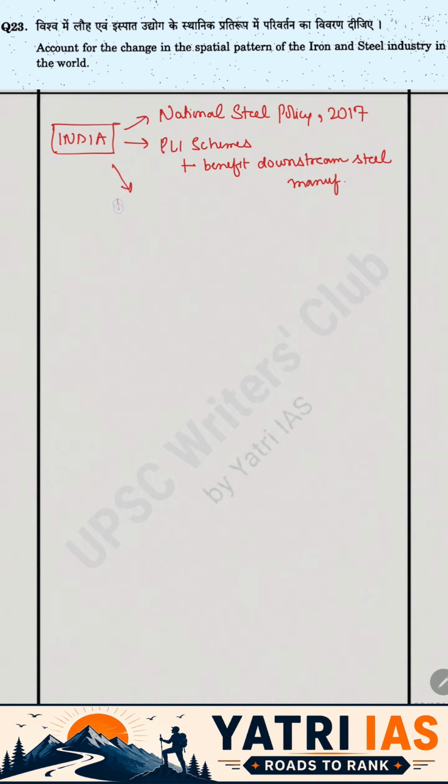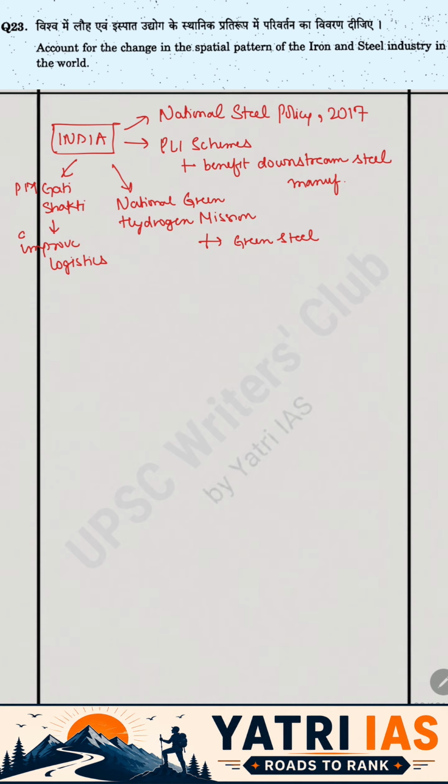We have National Green Hydrogen Mission for producing green steel. This is a technological transition that we are encouraging in India. We also have PM Gati Shakti as well, which aims to improve the logistics. These are the points that you could mention.